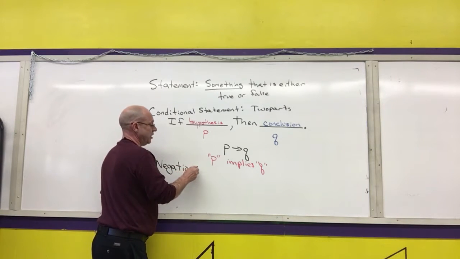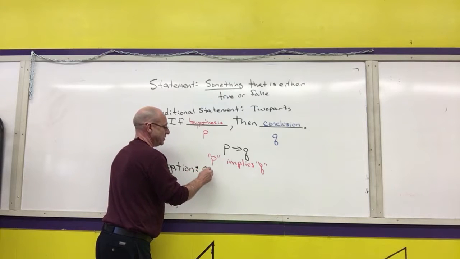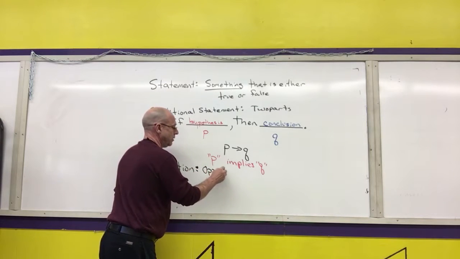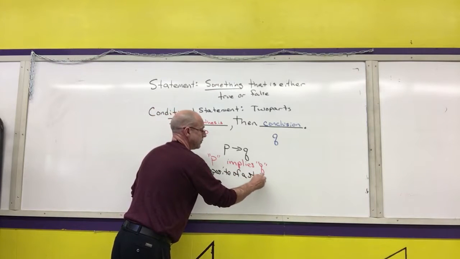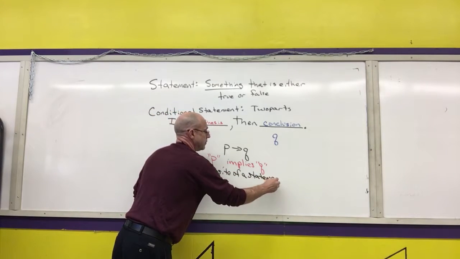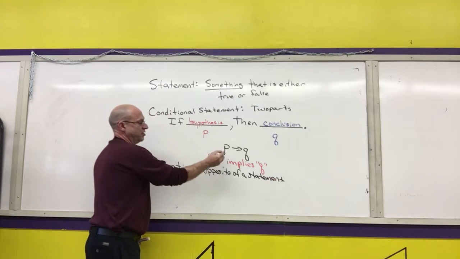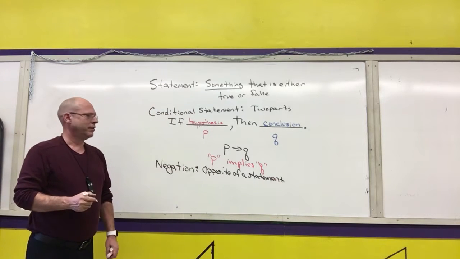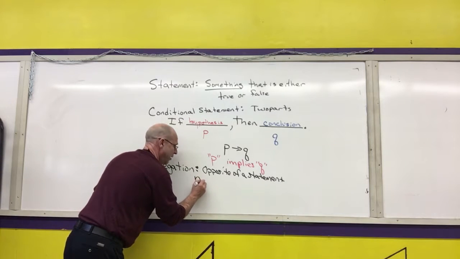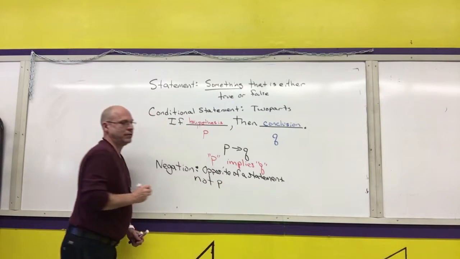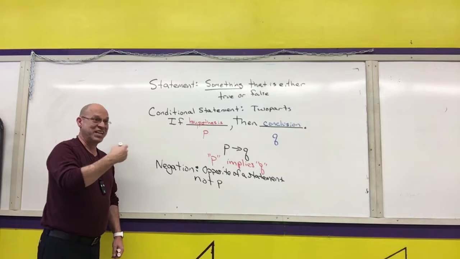So the negation of something is the opposite of a statement. For example, the negation of P would be not P. Okay, we use the word not.